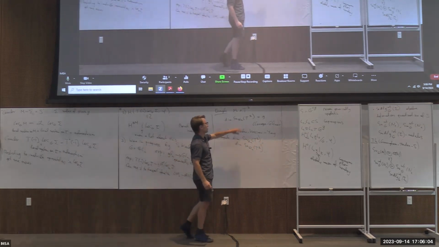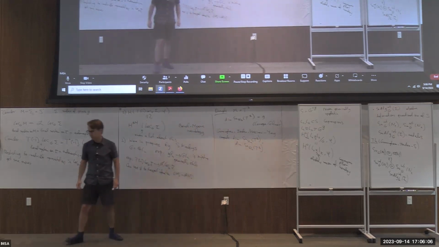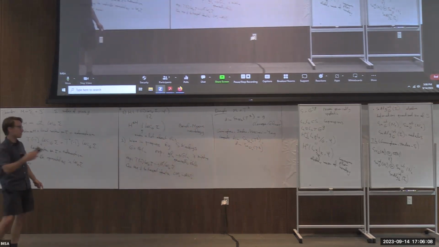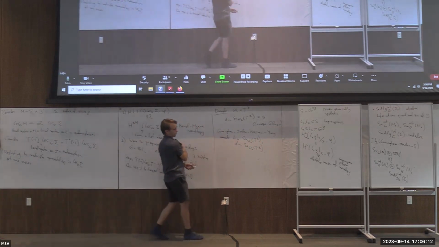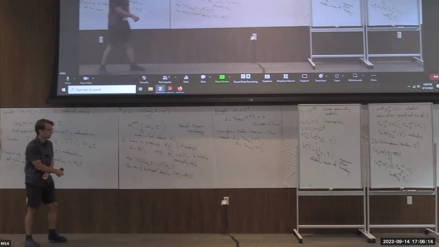There's a lot of information in this case. So in this case, you can actually compare these numbers to the cohomological Hall sheaf.